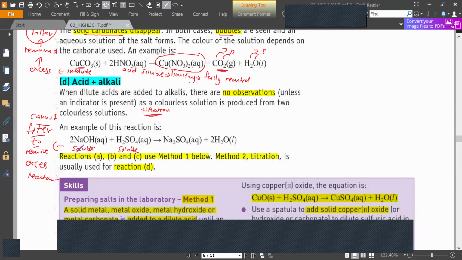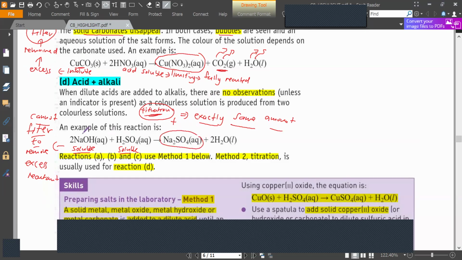So for this situation, if both are soluble, we must do titration. Why must we do titration? Because it will give us exactly the same amounts. If we get exactly the same amount, no excess, then we can get a pure product.